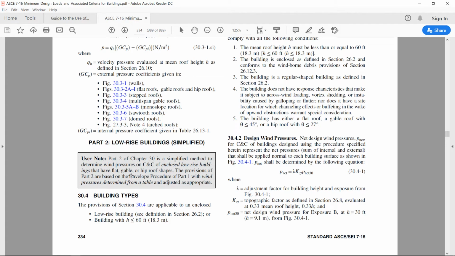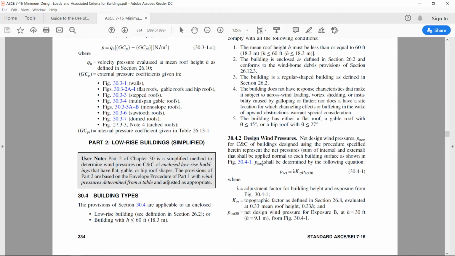In this simplified procedure, part 2 of chapter 30 is a simplified method to determine wind pressure on component and cladding of enclosed low-rise buildings that have flat, gable or hip roof shapes. The provisions of part 2 are based on the envelope procedure of part 1 with wind pressure determined from a table and adjusted as appropriate.